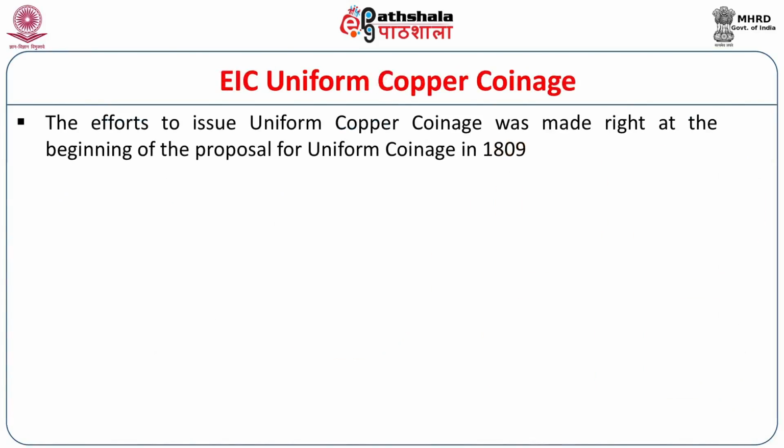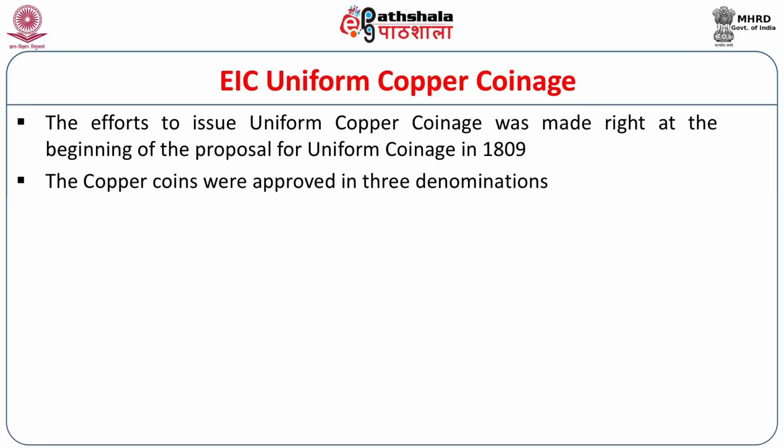The EIC also strived very hard to reform the copper coinage of its presidencies. Right from the beginning of 1809, there were proposals to again implement a uniform copper coinage.